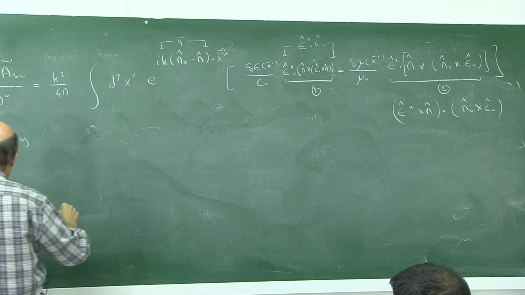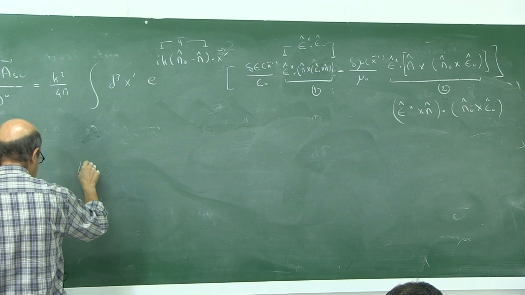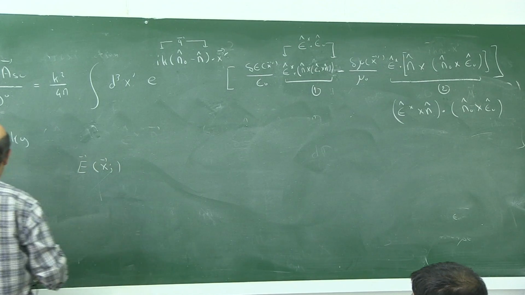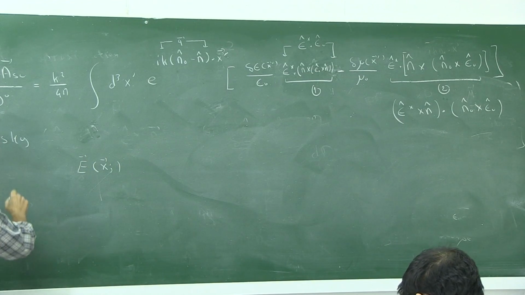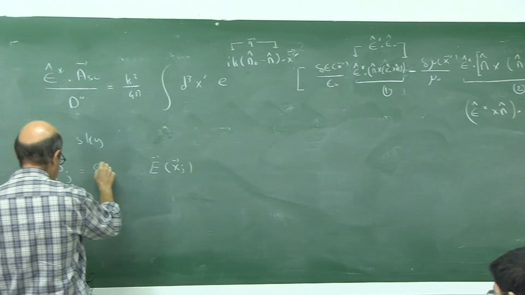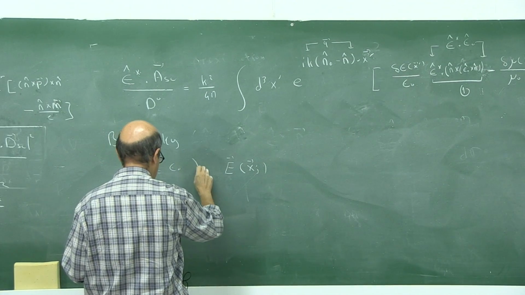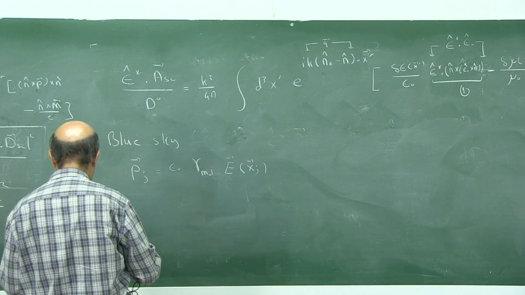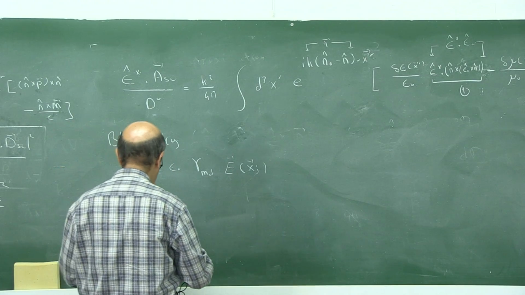And the electric dipole is related with the external electric field, and the proportionality constant is related with the polarization. So gamma mole is called the molecular polarizability.